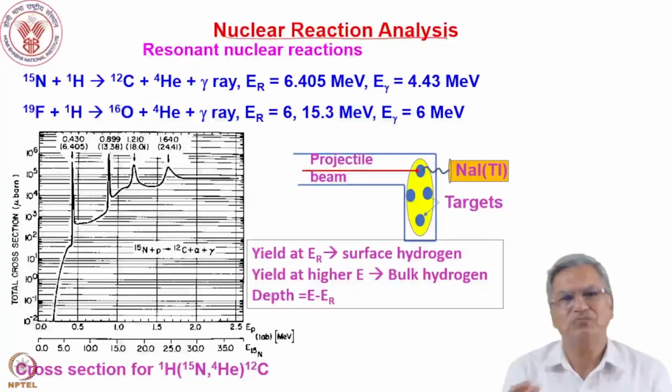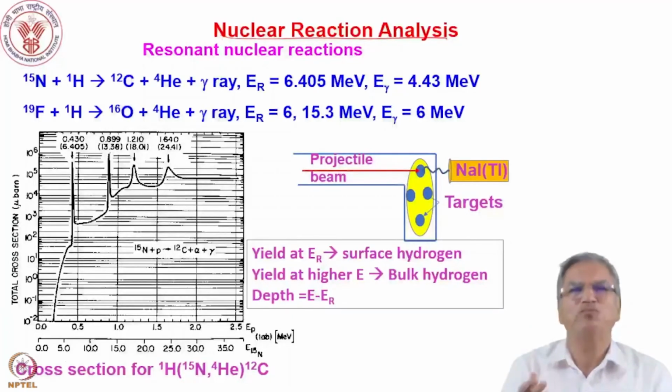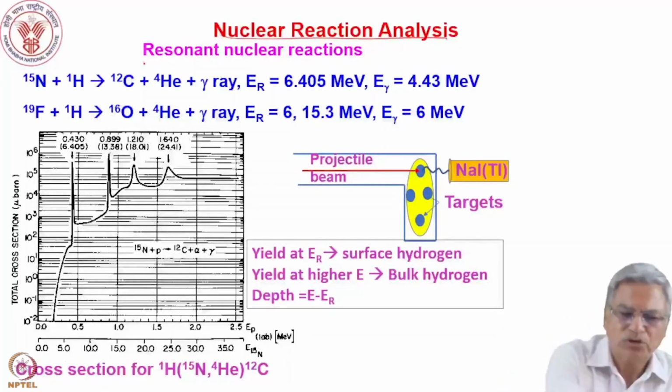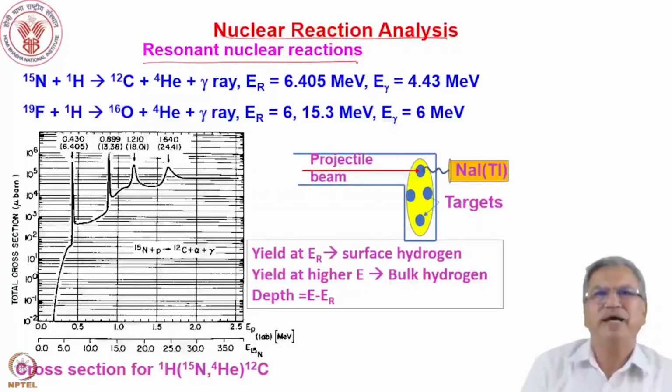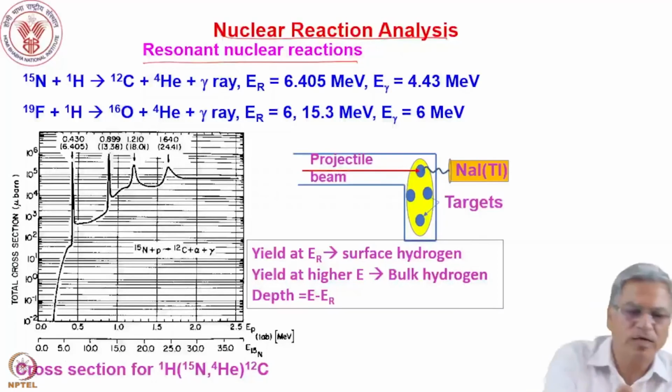In both NRA and PIGE you have nuclear reactions and emission of gamma ray, but those techniques where there is an enhancement in the cross section at a particular energy of the projectile, that means there is a resonance, we are clubbing as NRA, as historically it has been used as NRA. So resonant nuclear reaction means at a particular energy of the projectile, there is a significant enhancement in the cross section for the reaction.